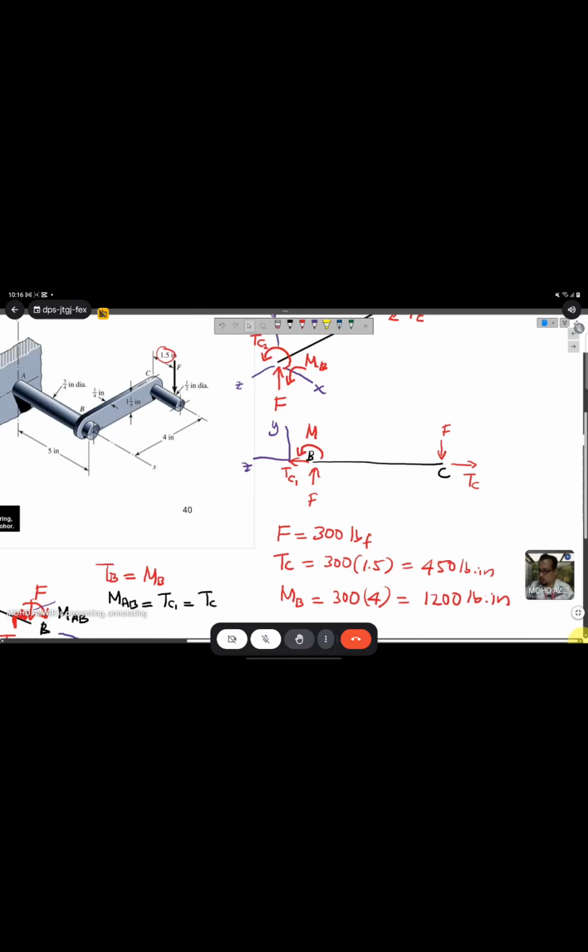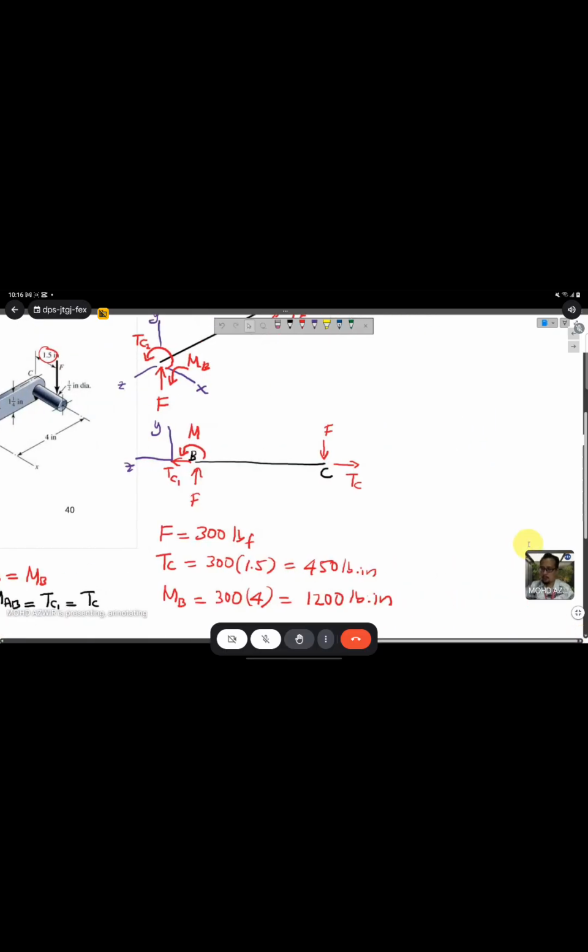So first thing you need to find is where is the maximum or the critical location. You want to calculate the bending and shear. So where is the critical location?